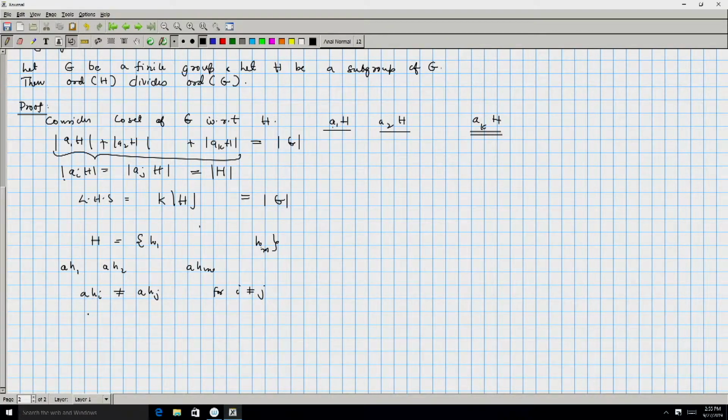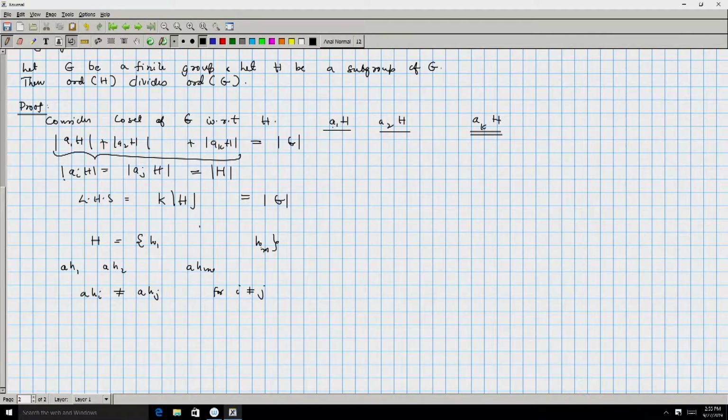If AHi equals AHj, multiplying both sides by A inverse gives Hi equals Hj. Therefore there are exactly m elements in AH, where m is the number of elements in the subgroup. That concludes the proof.